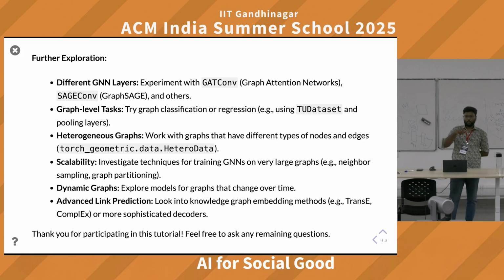No. So in a neural network, let's suppose it's a node-level task. Nodes are samples, right? And the adjacency matrix defines the connection between these samples, right? So there is an information flow from one to another. But a neural network doesn't have any information flow from one sample to another. Every sample is independent of each other, right? So if you take the adjacency matrix to be an identity matrix, the graph neural network will mimic a feed-forward neural network.